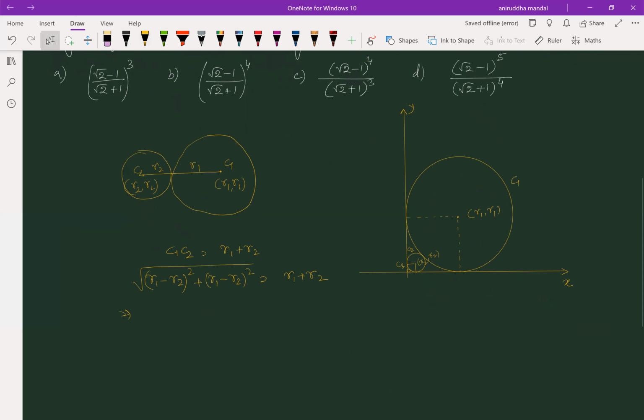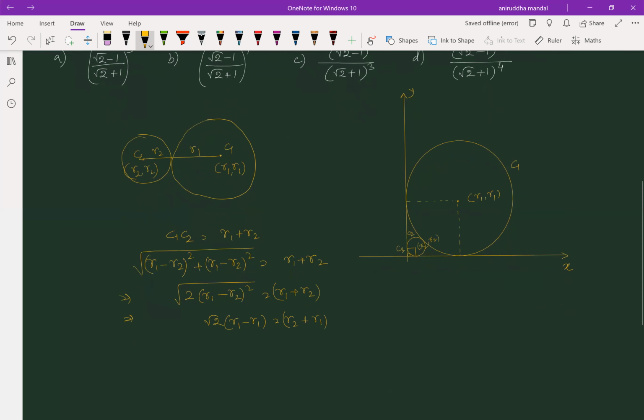So this is root of 2 (R1 minus R2) square equal to R1 plus R2. If I take this root out, we can write this as root 2 times (R1 minus R2) equal to R1 plus R2. Taking that side, (R1 minus R2) divided by (R1 plus R2) equal to 1 by root 2.